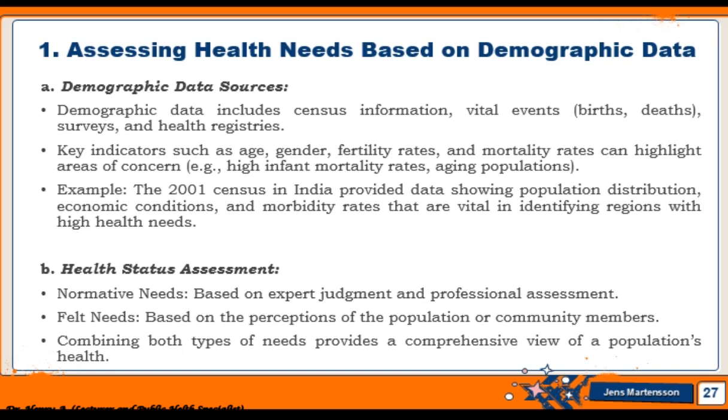When we say census information, we simply mean the regularly conducted census that we all know, because it provides accurate data on the size and distribution of a population, characterized by age groups and vital events like births and deaths. This data will help identify regions that may be underserved in terms of health care.